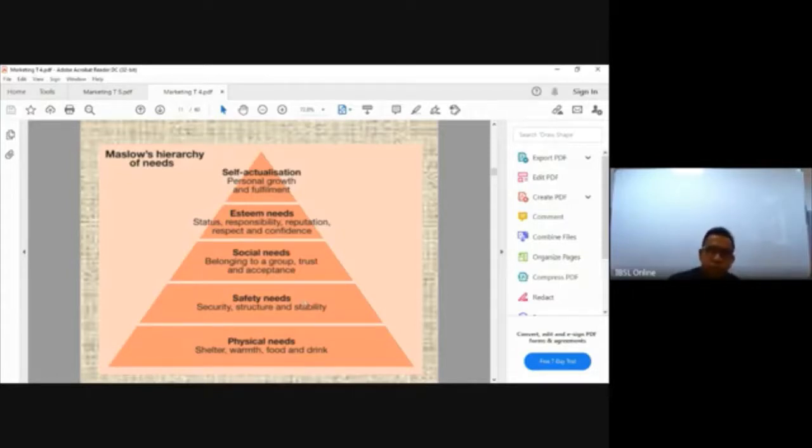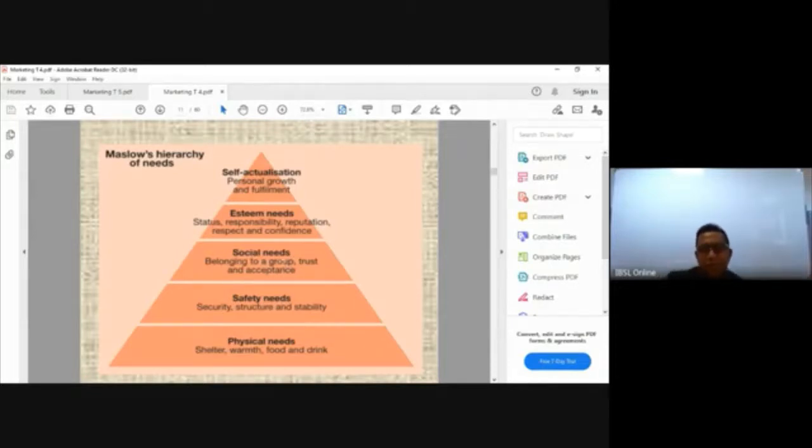So Maslow said a person who is satisfied with physical needs will be motivated to satisfy safety needs. As a result, they will make sure that they achieve the next level of needs. And then once you feel safe and stable, he said there are social needs somebody has to satisfy.